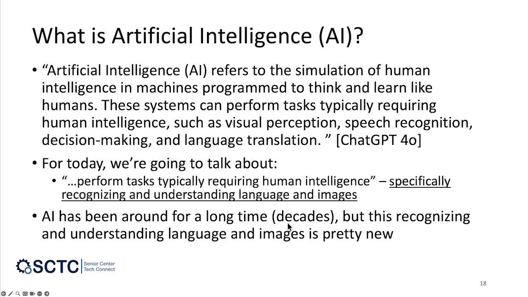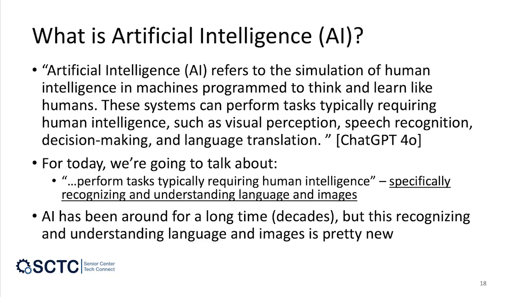AI has been around for a long time, but this whole idea of language and images is pretty new. And it's new because of advances in technology, specifically semiconductor technology, that is the chip that's in your phone or the neural processing chips in your computer, and also computer science.